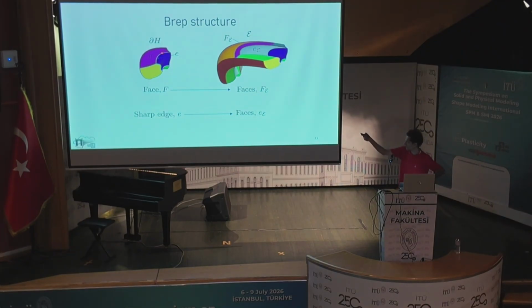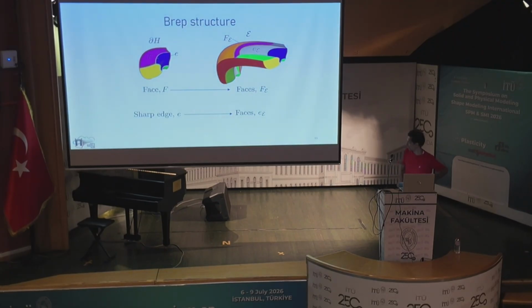This sharp edge, colored gray and labeled E, produced this face E sub E over here, and so on. It's color coded. Of course, a face may not generate anything, so this may be empty. For example, the green face did not produce anything over here.